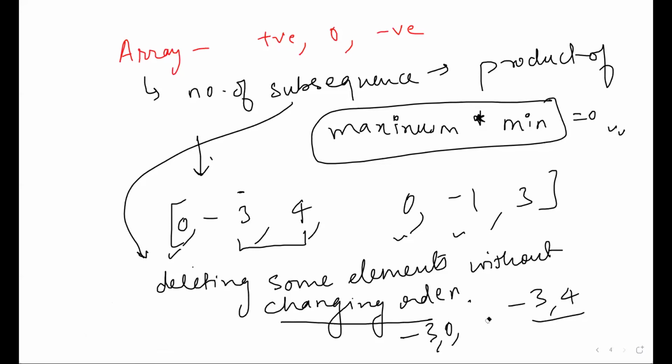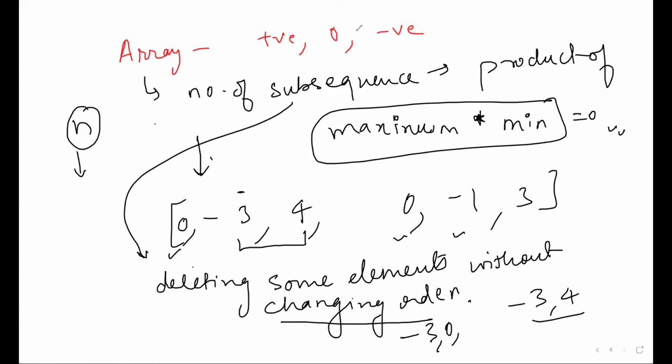So for this array, tell me how many subsequences are possible. And before that, can anyone tell me if my array is of length n, how many subsequences are possible? There is one relation between n and the number of subsequences. N is the length of the array. Yes, there can be equal values also, Nandini, 0, 0.